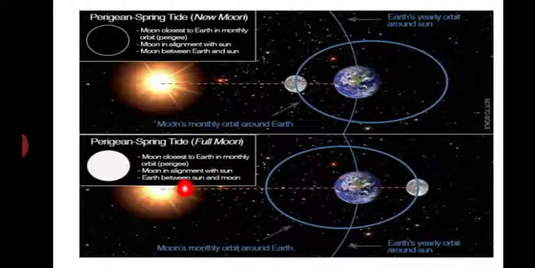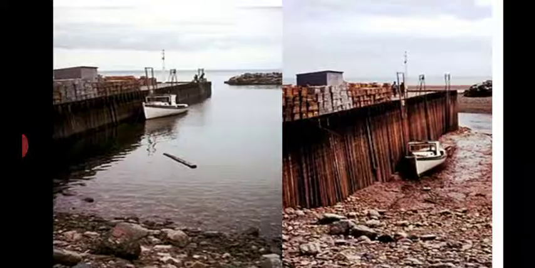Why? Because on full moon day there is a gravitational pull exerted by the sun and also by the moon. In the other case the effect of the moon is somewhat lesser, but it cannot be neglected, it is almost equal, with slight changes. So this causes the rise of sea water level during the full moon or new moon day, and it causes a decrease in the rise of sea water level during the other days.